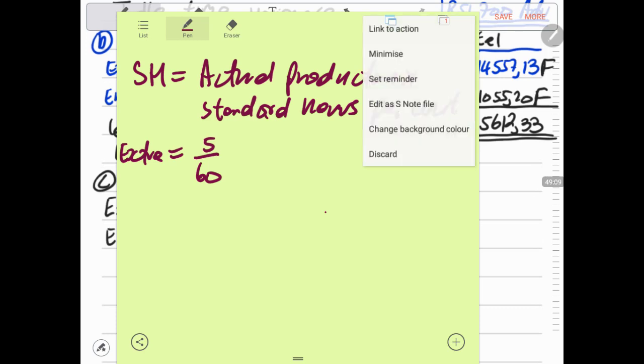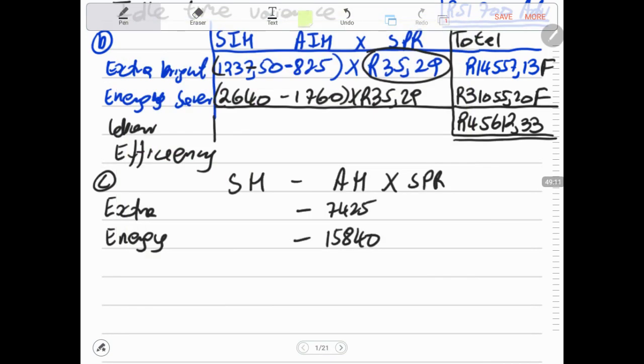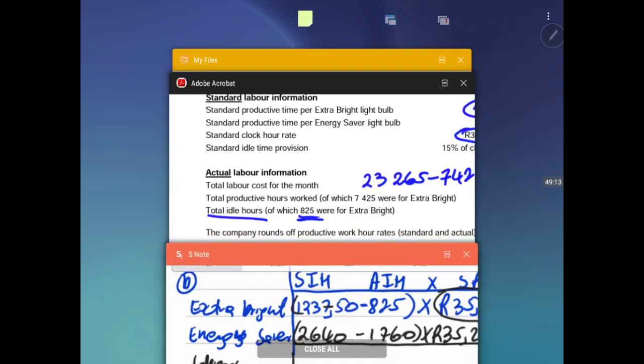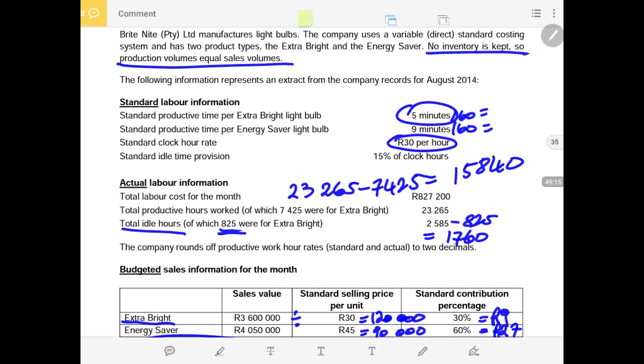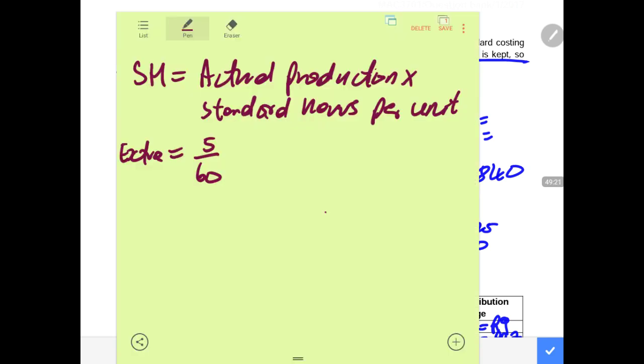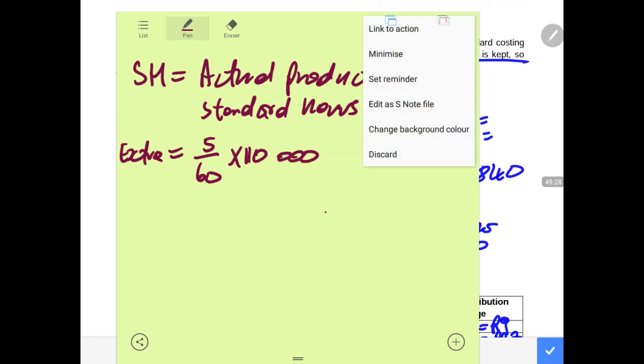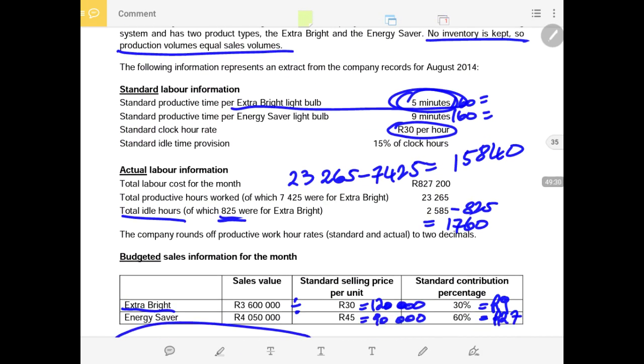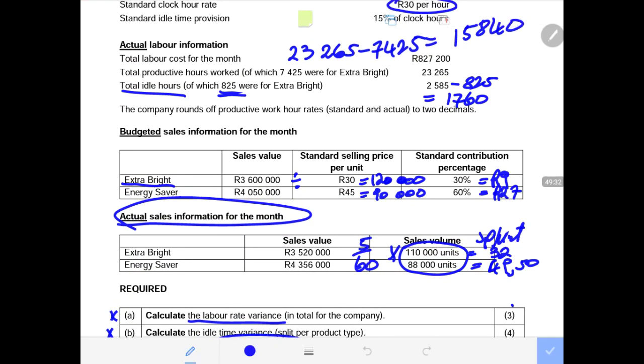Let me check if the first product is extra bright so that I don't write the wrong figures. Yes, 5 minutes is for the extra bright, times 110,000 units that were manufactured and sold. Whatever was produced was all sold.